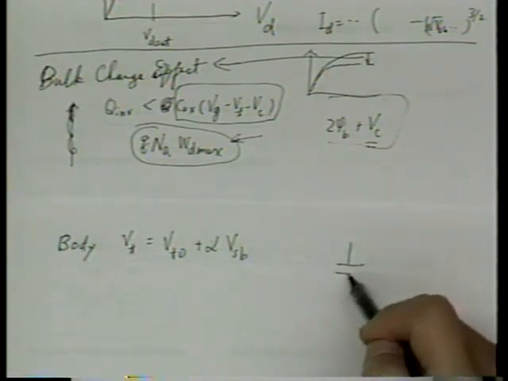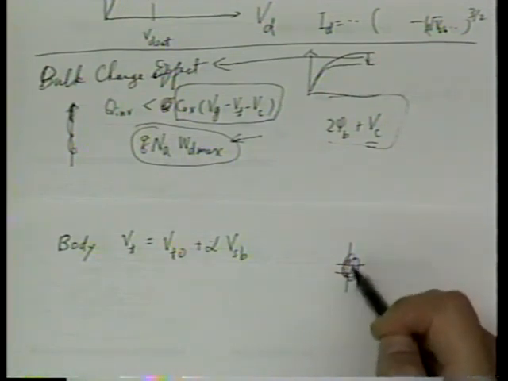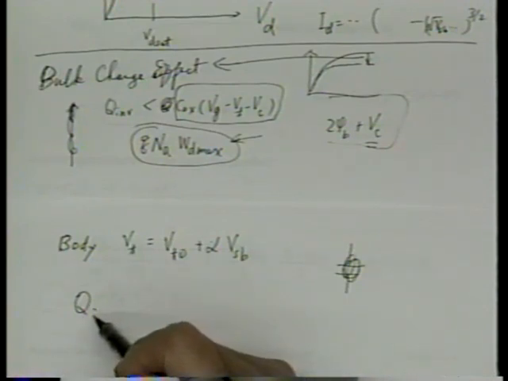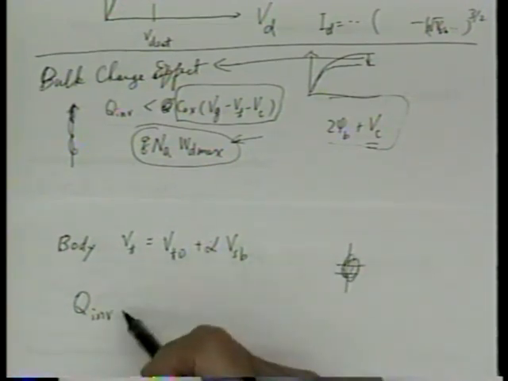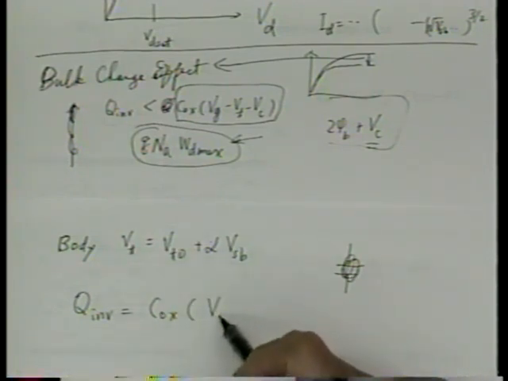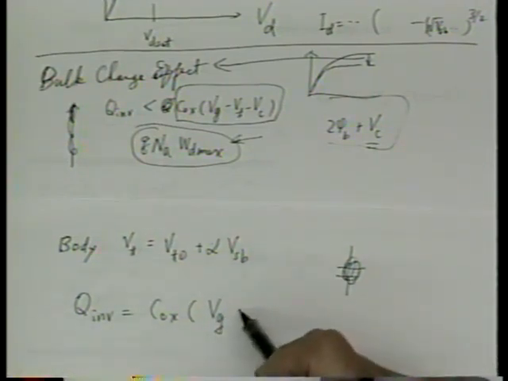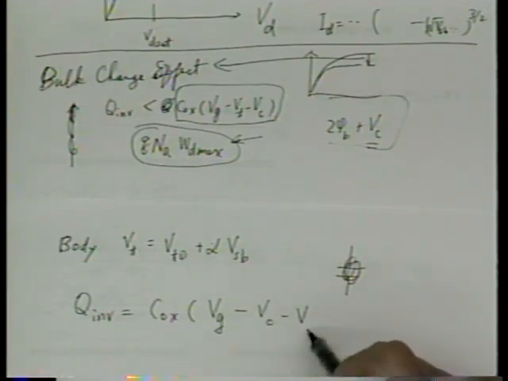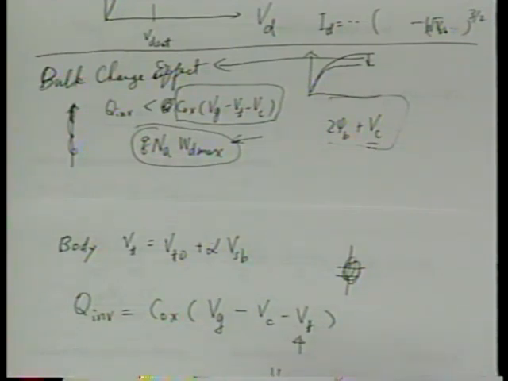And we can understand this by considering the fact that when we look at the Q inversion charge, it really should not be just Cox times Vg minus, let's say, V channel minus a constant Vt, but rather this Vt should really be our Vt0 plus the difference between the channel and the body.